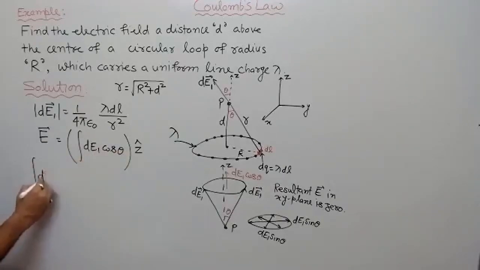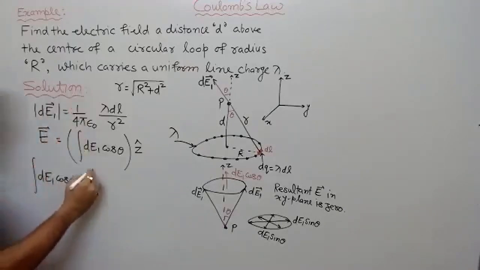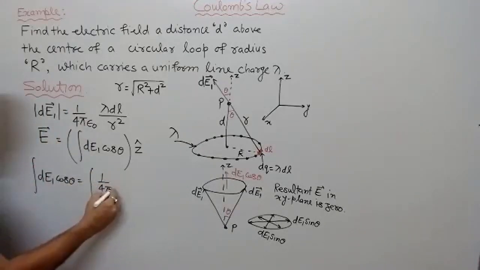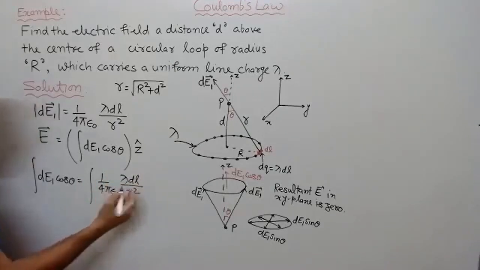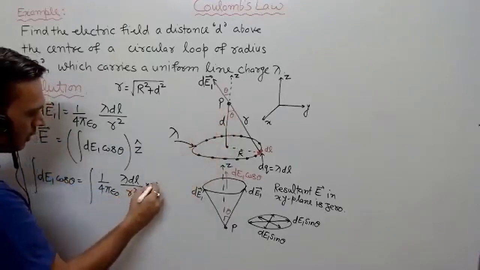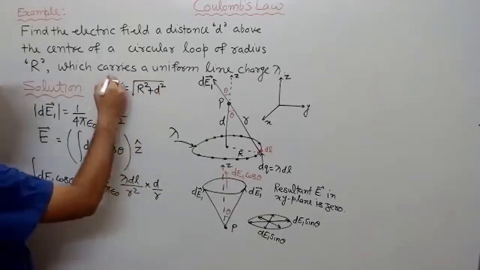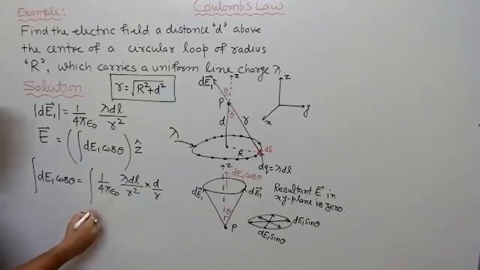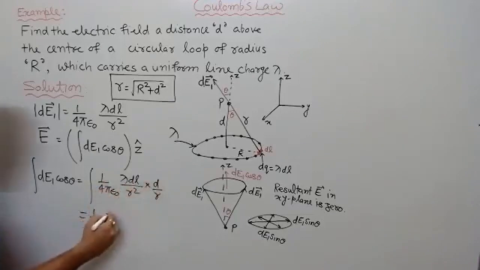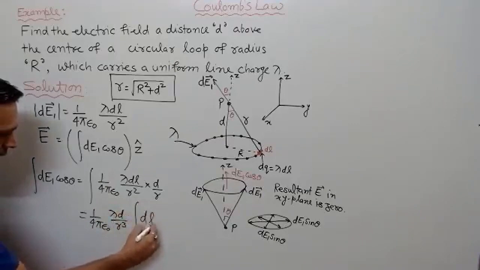What will be the integral of dE1 cos theta? dE1 is 1 by 4 pi epsilon naught lambda dl by small r square. And what will be cos theta? d by small r. You can see this r is a constant value. So from this integral, you can take the constant value, 1 by 4 pi epsilon naught, lambda d by r cube, integral dl only.